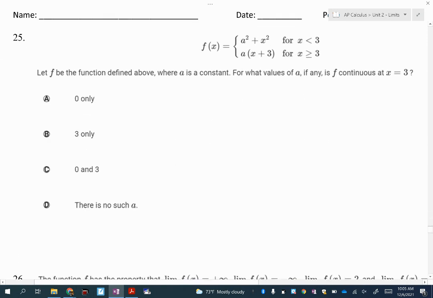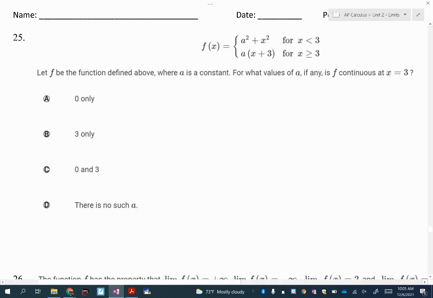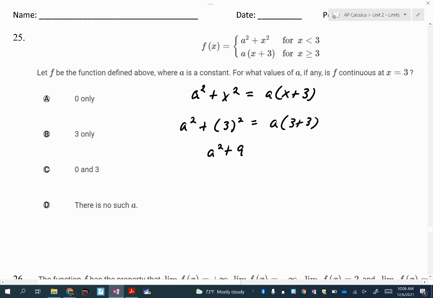Okay. We're trying to figure out another one where a piecewise function is continuous at x equals 3, so they must be the same. So a squared plus x squared must be equal to a times x plus 3. So I'm going to plug in 3 for x and get a squared plus 9 equals 6a.